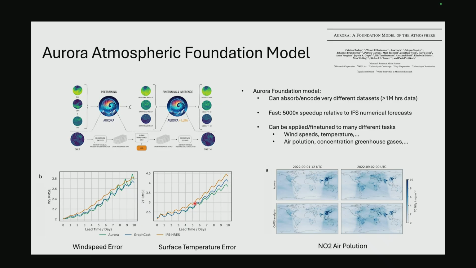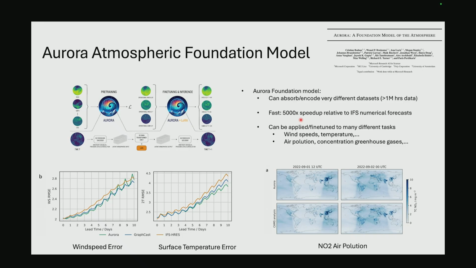And it is definitely competitive with these kinds of IFS weather forecast models. What was special about this model was that it's kind of a foundation model. It can take in many kinds of data, not just some of these ERA5 data sets, but it can take in data of very different resolutions, and it combines it all into a latent space in which it then makes the predictions in the future and then decodes it back out.